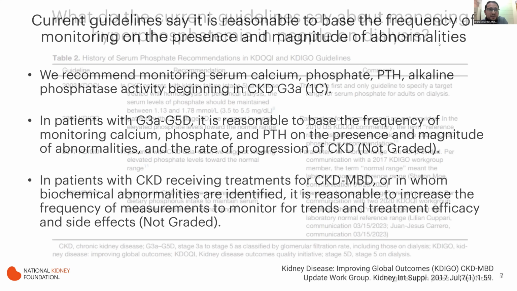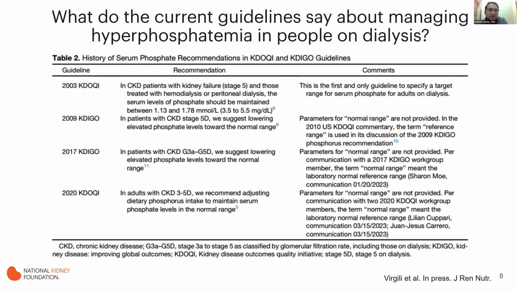If I could go to my next slide here, yep. So what are we doing with those measurements, or what are we looking for when we measure phosphate? Well, that's evolved over time, as you can see on this slide. This is from Joyce Virgili, a paper that's in press in the Journal of Renal Nutrition.